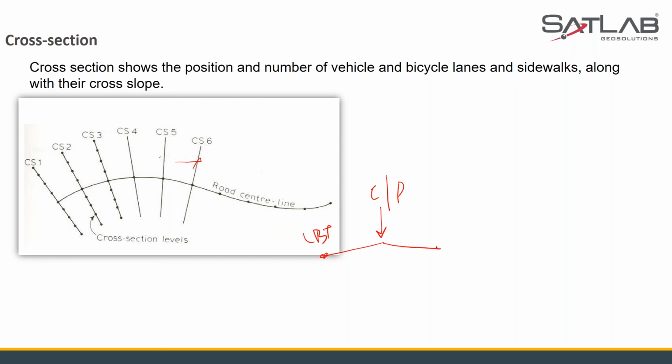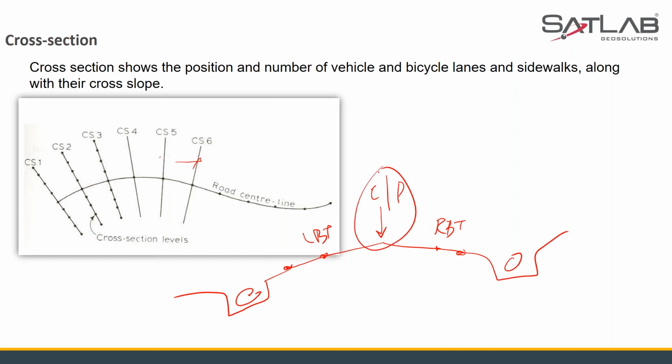And I can show you a detailed cross section, a normal cross section, or you can say an ideal cross section. Normally it's sometimes like this. This is my slope, this is my CP over here, center point. This is my left bitumen top, LBT, or we can call it RBT, the right bitumen top.